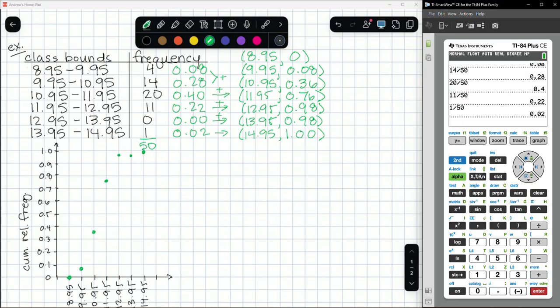And then my last step, I play connect the dots. So first to second, second to third, so on, all the way across. And I forgot to label my x-axis. Shame on me. And that is an ogive.